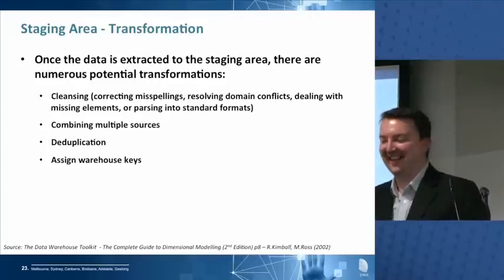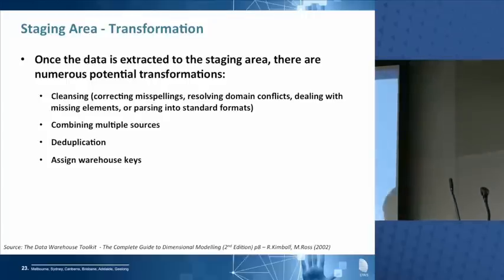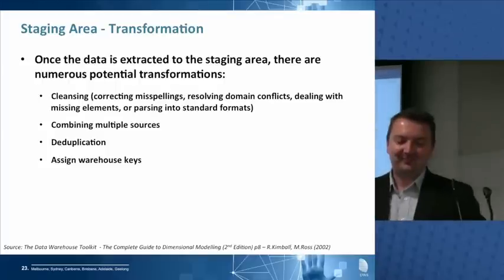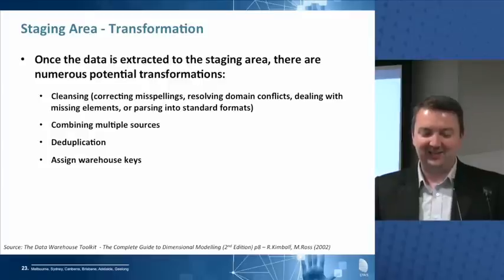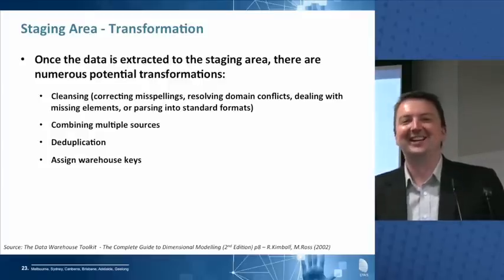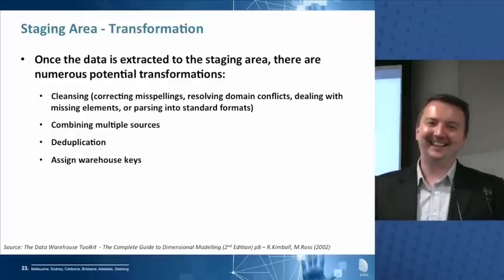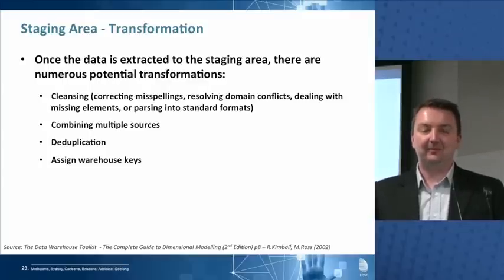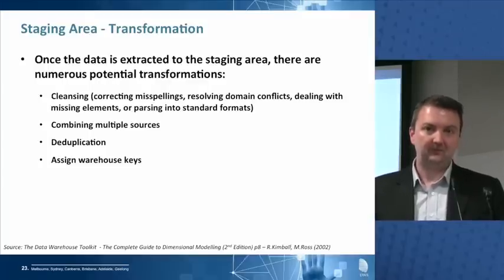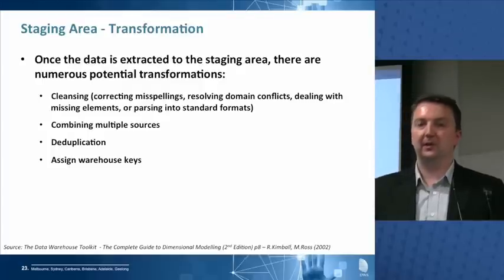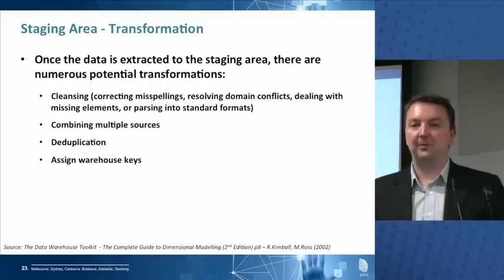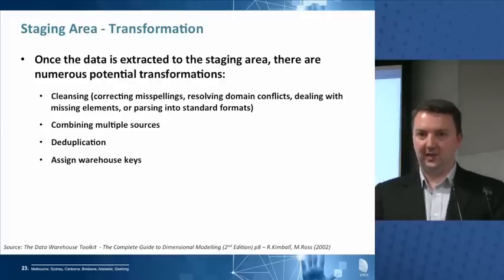Does Kimball's document or book cover, for example, address correction or postcode correction, transforming, say, half of Corio into South Lara? Right. He doesn't get into specifics like that. What he's more interested in is what types of transformations you're going to perform and where you perform them, and that is in the staging layer.